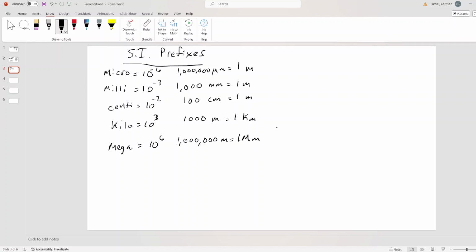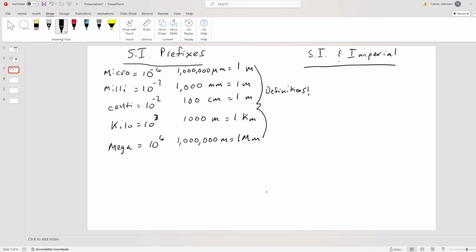Now, so these are your SI prefixes, but some conversions between SI and Imperial. Okay? Now, I need to stress something. These are definitional. Okay?